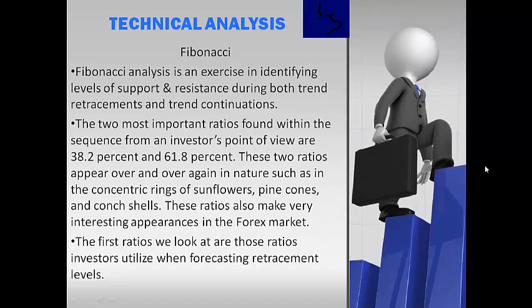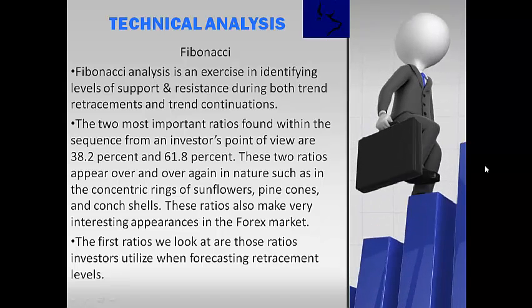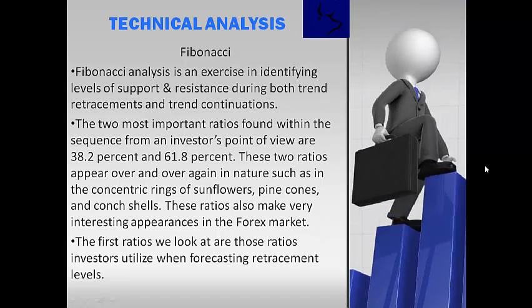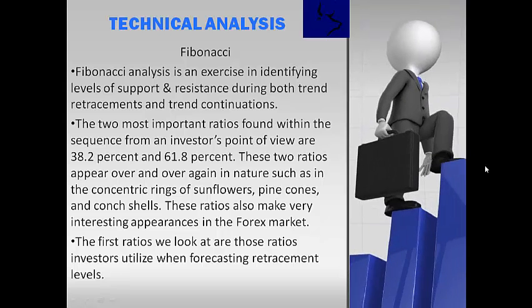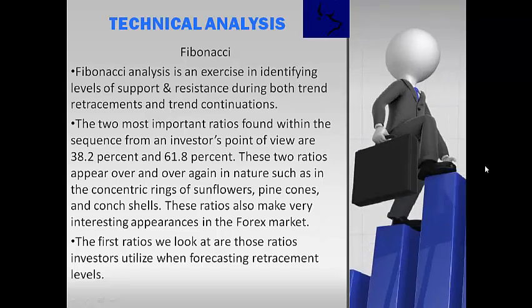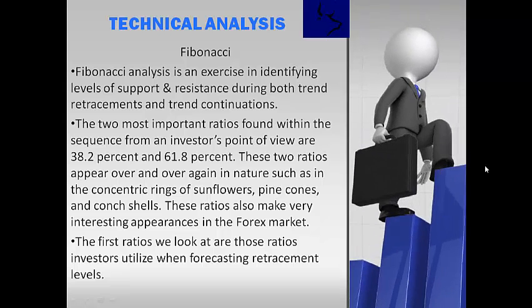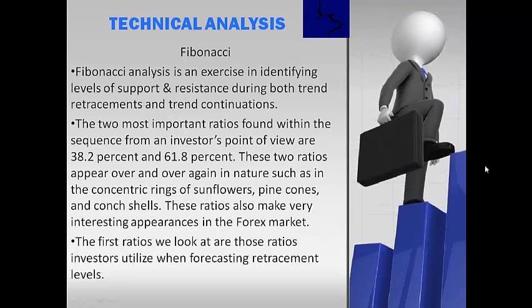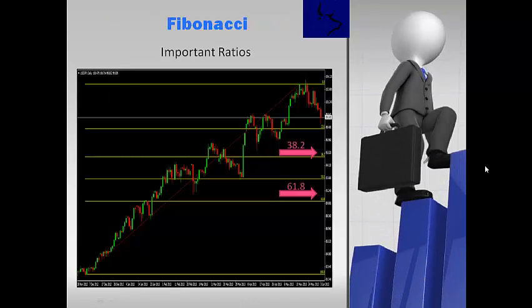That is important because this will appear on the market as well. That is fascinating. So that's what Fibonacci is. We'll show you how the Fibonacci works and what we're looking for with this specific indicator.